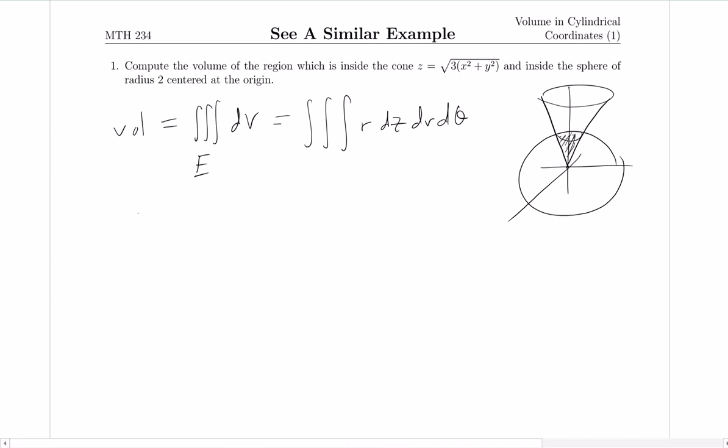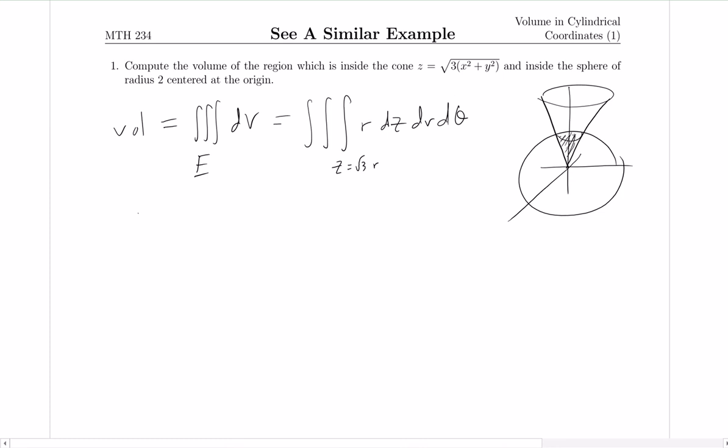The first integral is z, so these bounds should be the top and bottom. The bottom will be the cone. And this equation, if we rewrite it in cylindrical coordinates, is the same as z equals square root of 3 times r.